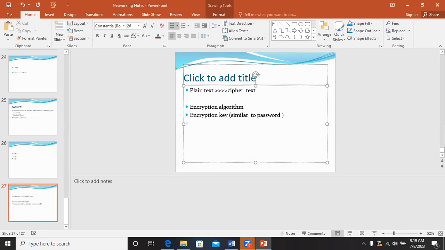For example, I can say A, B, C, D, E, F, G, H. The key may be 1, 2, 3, 4, 5, 6, 7, 8, and let's say I is 9, right?